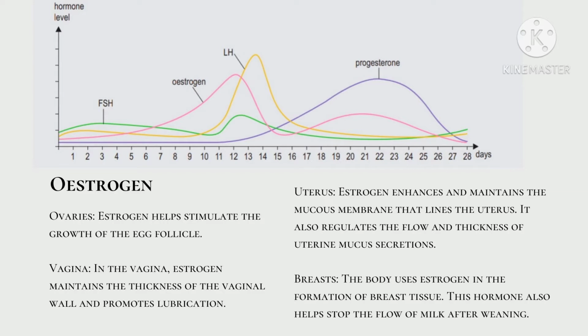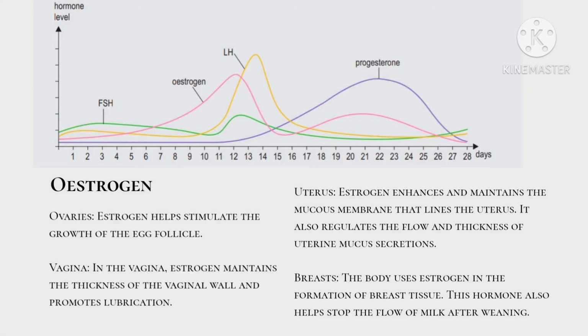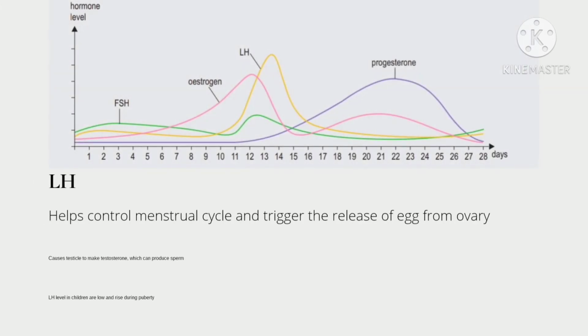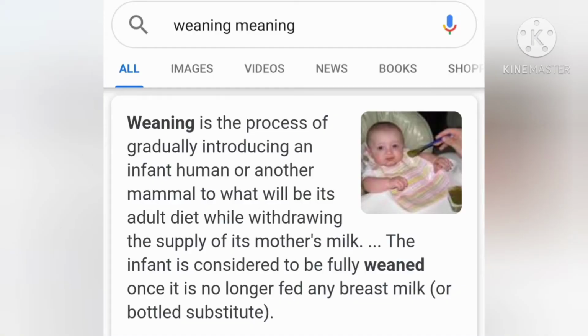In the uterus, estrogen enhances and maintains the mucous membrane that lines the uterus. It also regulates the flow and thickness of the uterine mucus secretion. For breast, the body uses estrogen in the formation of breast tissue. This hormone also helps stop the flow of milk after weaning.